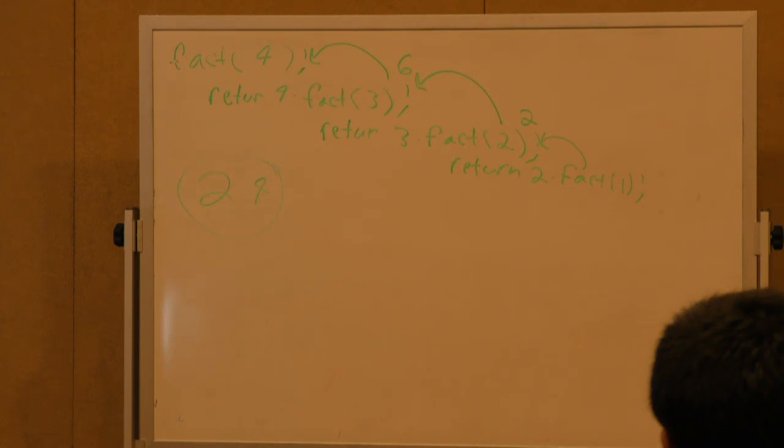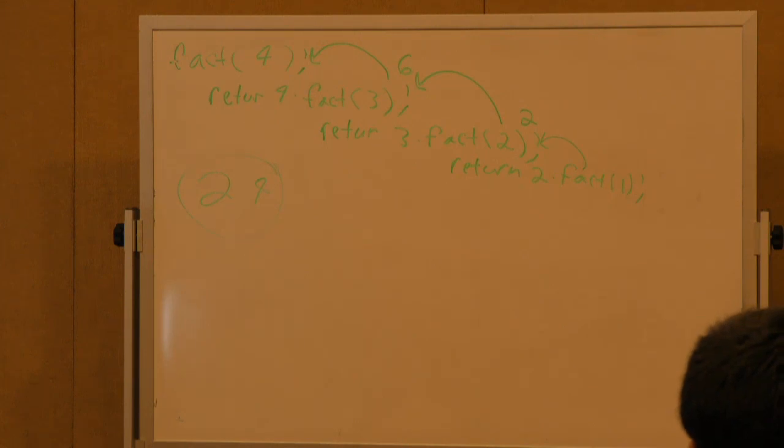So let me ask you then, what would be the base case for Fibonacci? What is the smallest set that you can have in Fibonacci? 1. So for a Fibonacci recursive solution, one of our base cases will be 1.